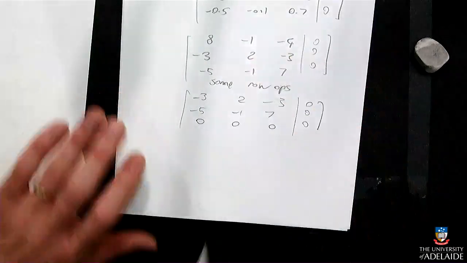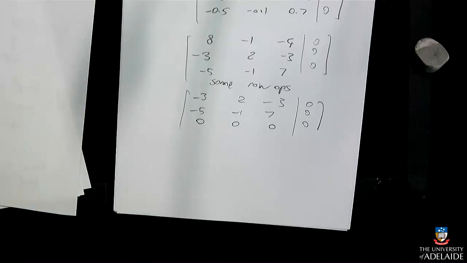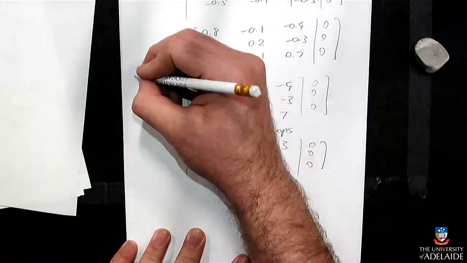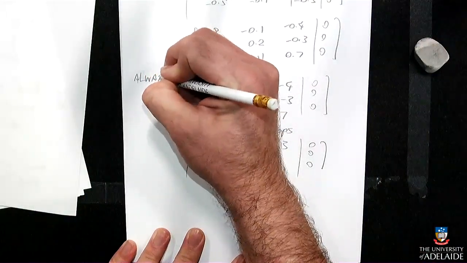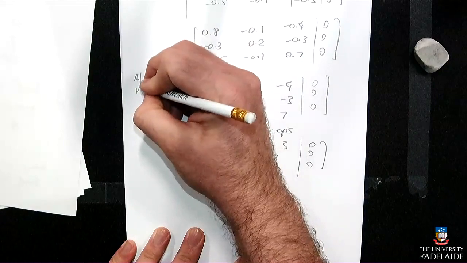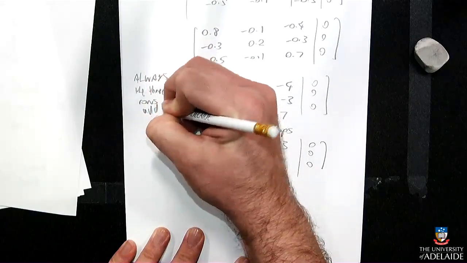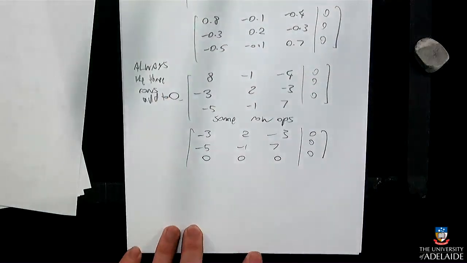We'll do some row operations, right? Just believe that they're okay. Oh, I love it. So I just want to write this down here: always the three rows add to 0.